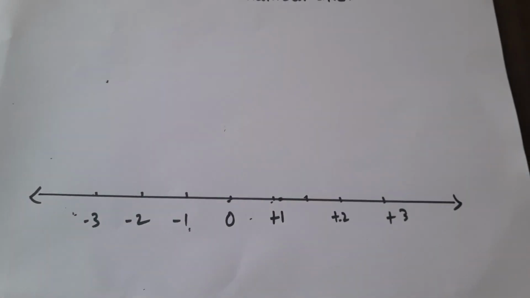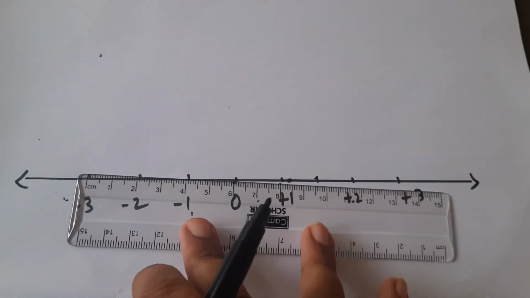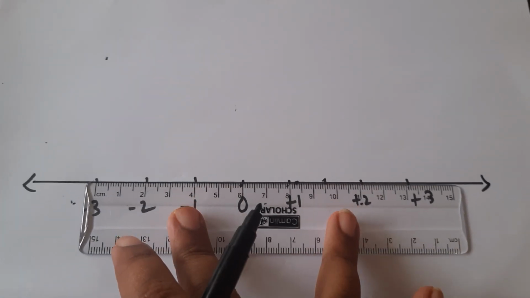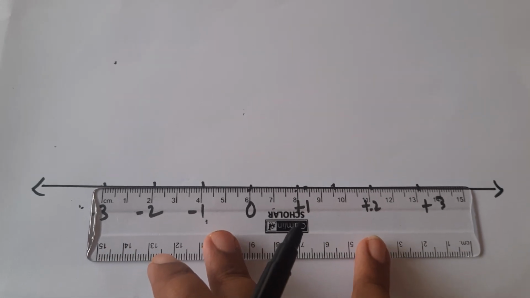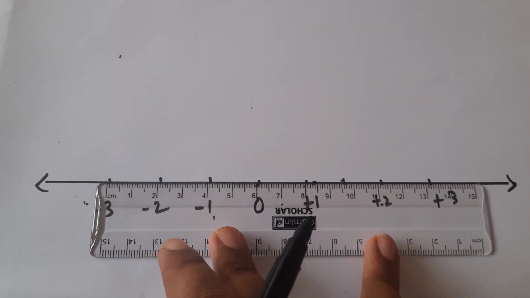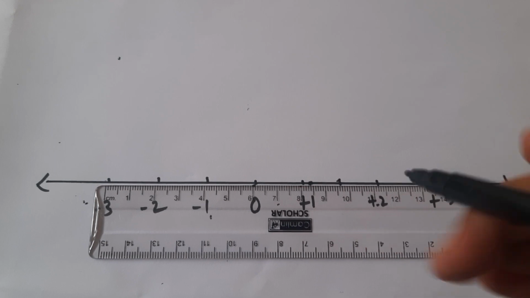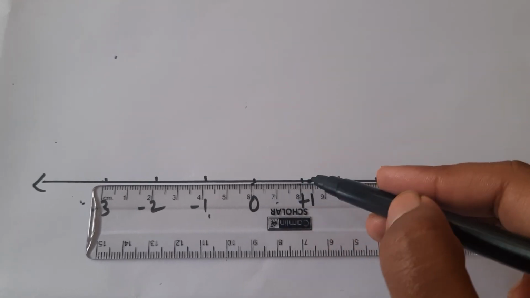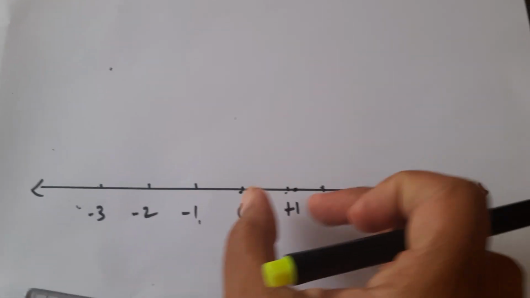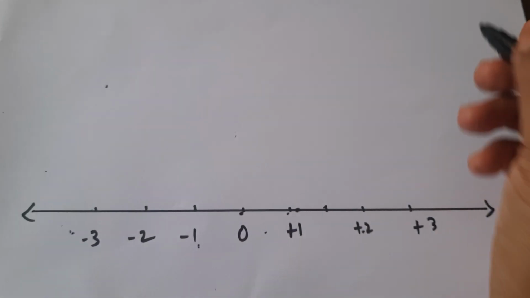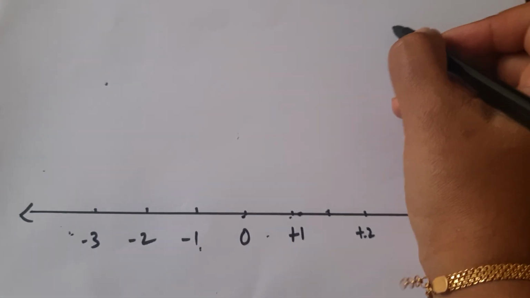Here if I mark 1 centimeter distance, the triangle I get will be too small, so it is difficult for me to label or for you to understand. So I have chosen 2 centimeter to be 1 unit, so that it will be a little bigger. You can choose 1 centimeter as 1 unit also.